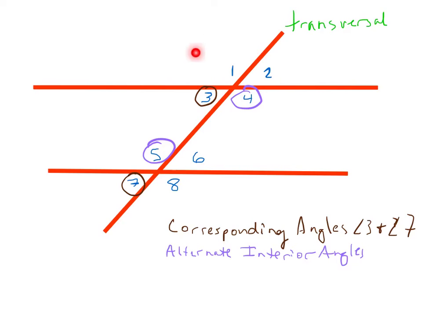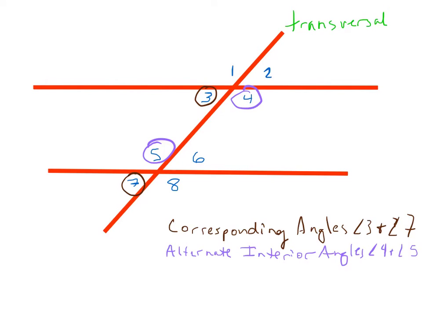These would be exterior, they're on the outside. So these are the interior angles, and they're alternate because they're on opposite sides of the line, but they equal each other. So in this case, alternate angles would be angle 4 and angle 5. They both would have the same measure. We don't know what that measure is at this point, but we know that they would be the same, 4 and 5.